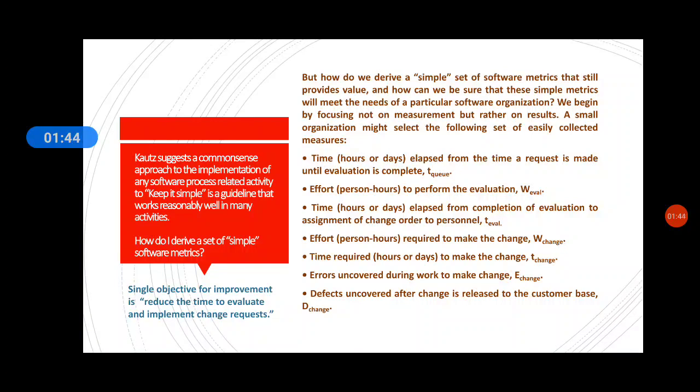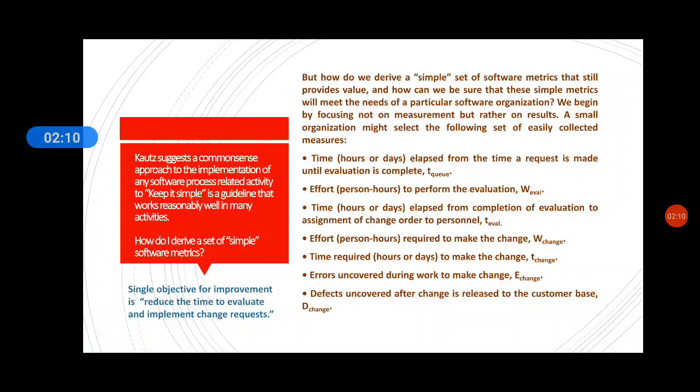Those are time, which is represented in hours or days, that is elapsed from the time a request is made until evaluation is completed. It is represented by TQ. And WEVAL, it represents effort in person hours to perform the evaluation.